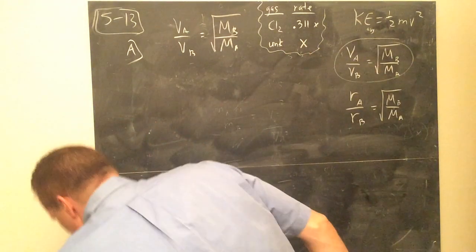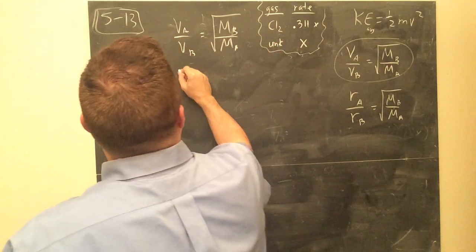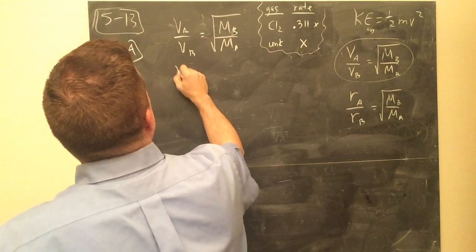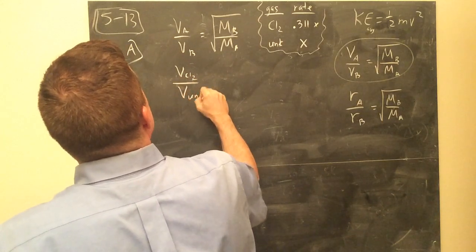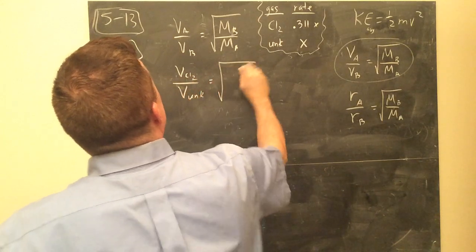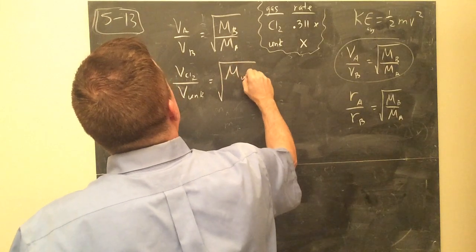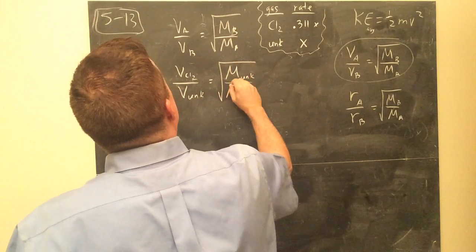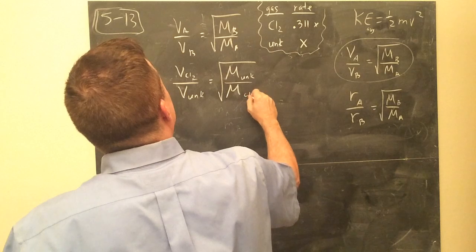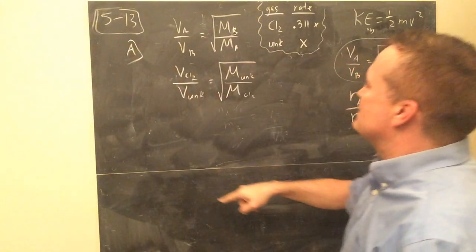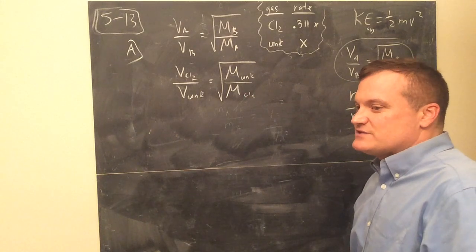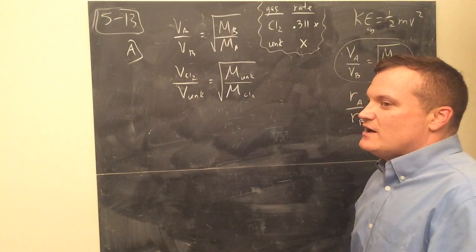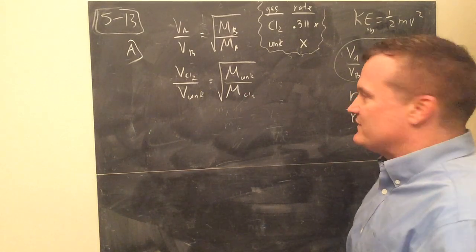All right, so now let's plug these in. The velocity of chlorine gas divided by the velocity of the unknown gas will equal the square root of the molar mass of the unknown gas divided by the molar mass of the chlorine gas. They have to be crisscross from each other. Remember, Graham's law says they are inversely proportional to the square root of the molar masses, or the square root of the densities.